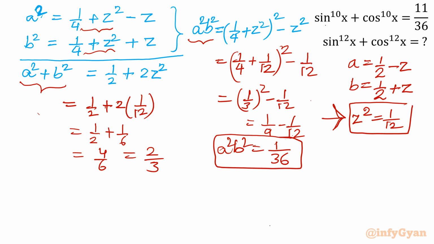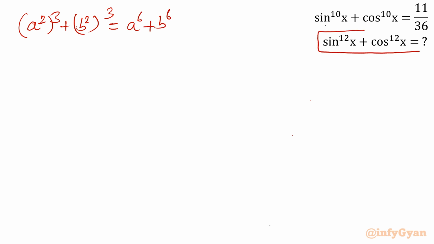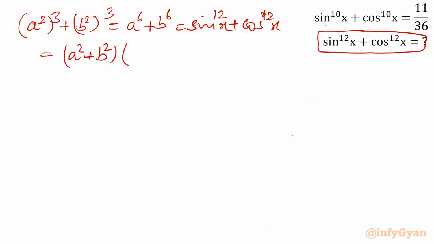Now I am going to put the values here. Let me write that expansion. (A square plus B square) whole cube is A power 6 plus B power 6, which is sine power 12 x plus cosine power 12 x. So sine power 12 x plus cosine power 12 x is equal to (A square plus B square) times (A power 4 plus B power 4 minus A square B square).